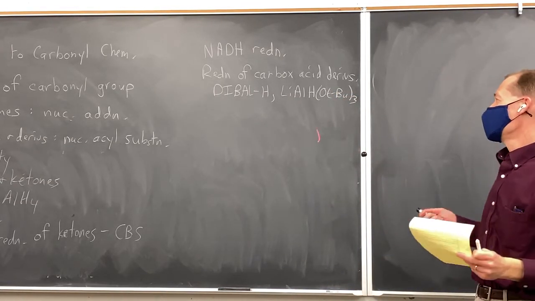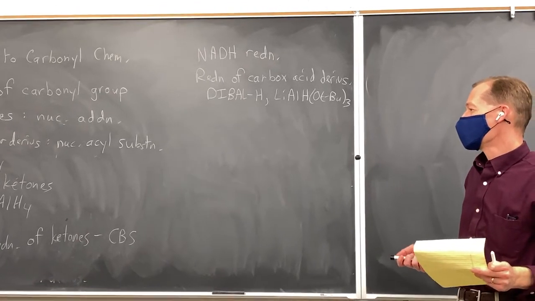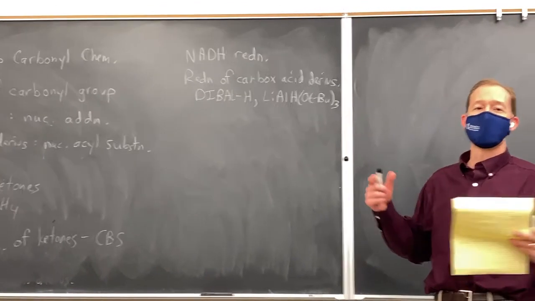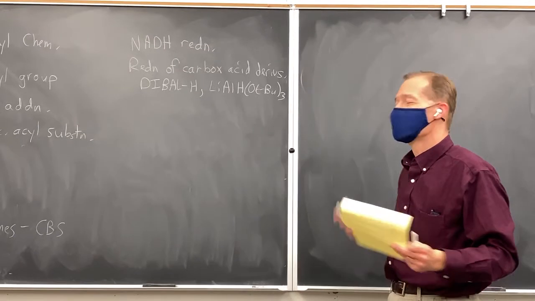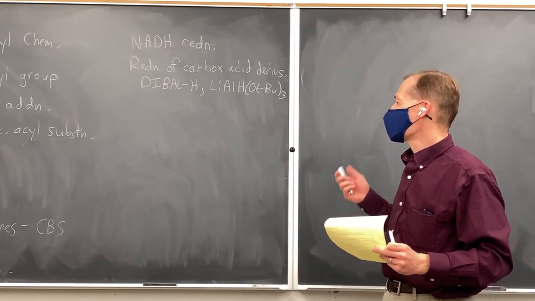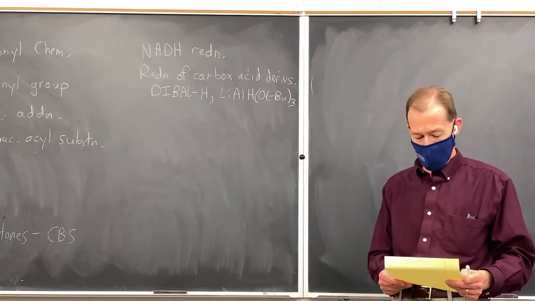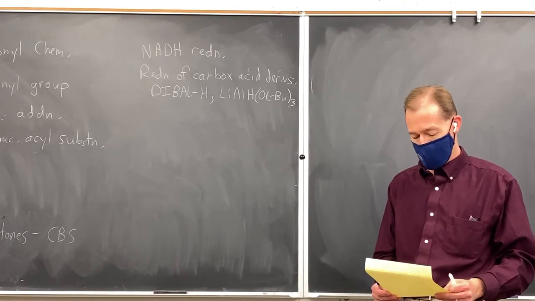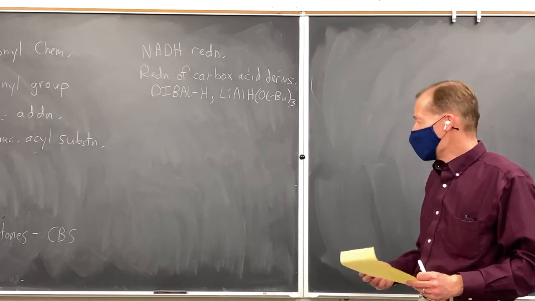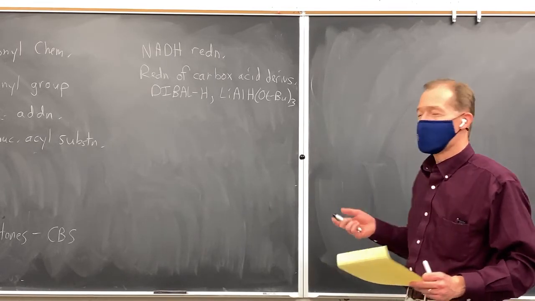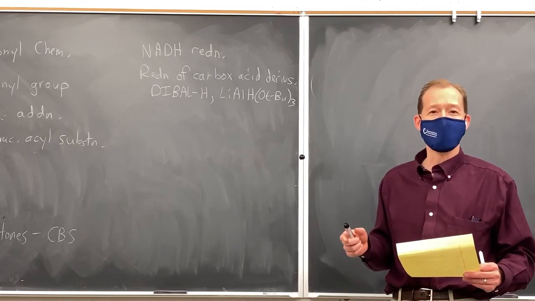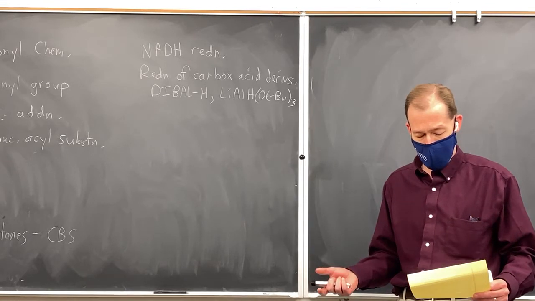We said that these reducing agents are more reactive than sodium borohydride because sodium borohydride is a borohydride and these are aluminum hydrides. But these reagents are less reactive than lithium aluminum hydride, and you should understand why. That's something we went over in class. So these reagents will react with acid chlorides and esters to afford aldehydes.